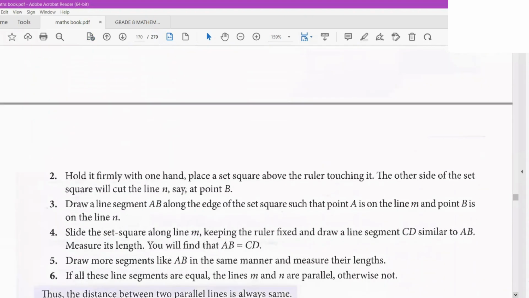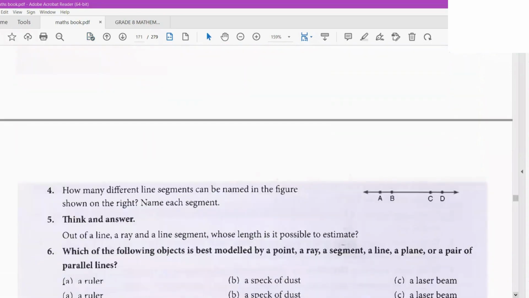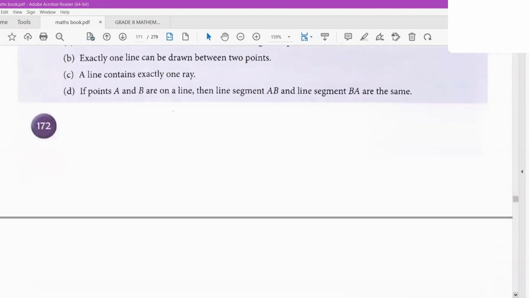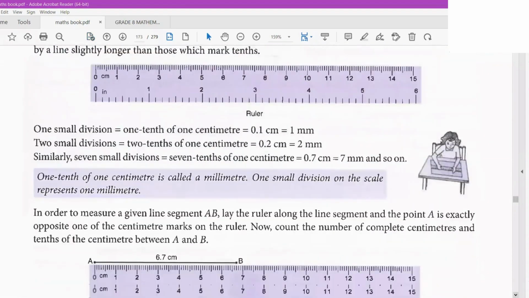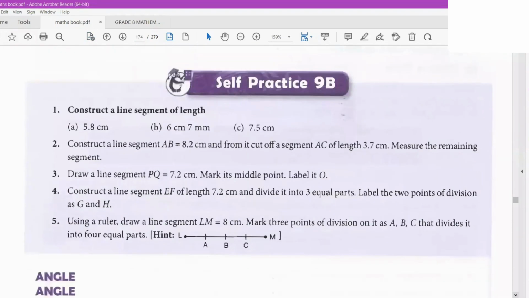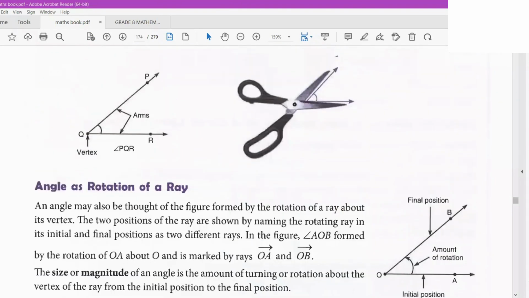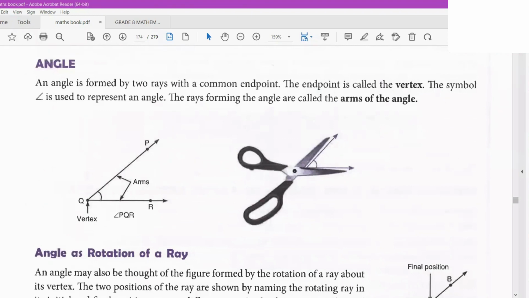So whenever we study angles, what is an angle? An angle is a measurement of the gap formed when two lines meet one another. Okay, you said two lines.